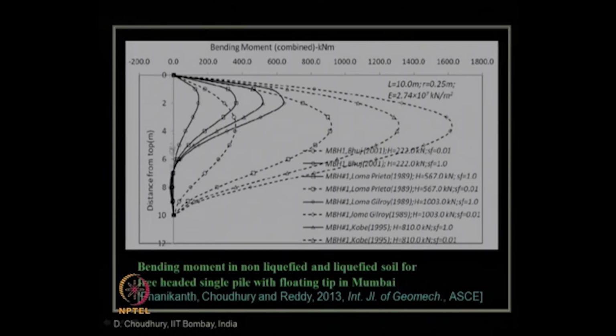So, when you have provided the pile reinforcement and designed the pile, probably you have done it only for this non-liquefiable condition, and under liquefied condition it is subjected to several times that bending moment. So, obviously, this is the reason why the piles fail when the soil gets liquefied. Can you see that? Huge changes in the magnitude of the peak bending moment and the bending moment profile with the depth.